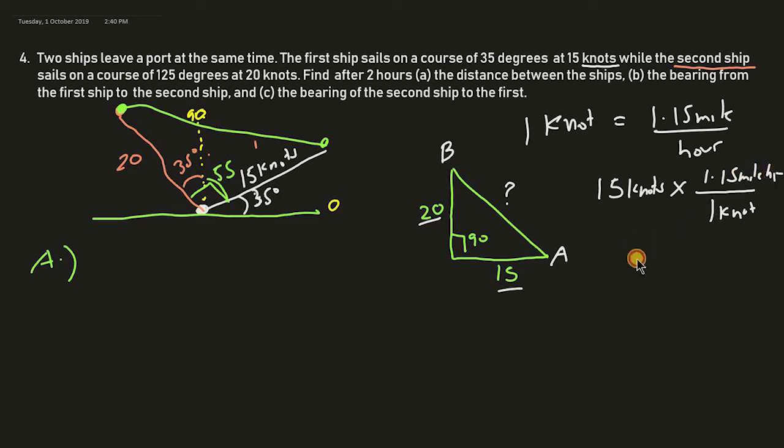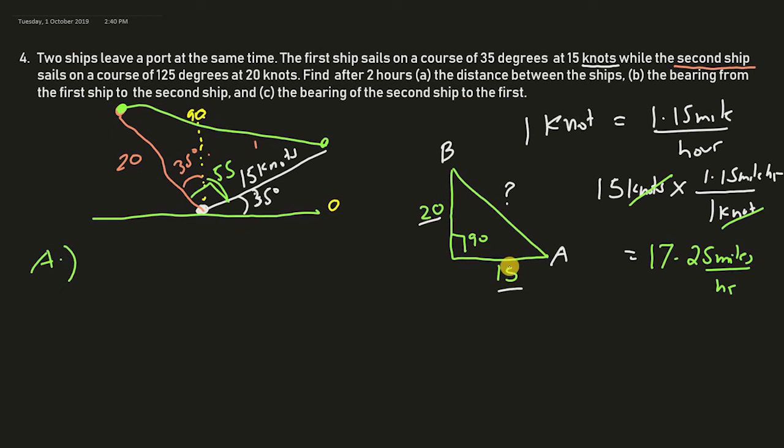Solving that, the knots cancel. 15 times 1.15 is equal to 17.25 miles per hour. Okay? So this is the speed of this ship.